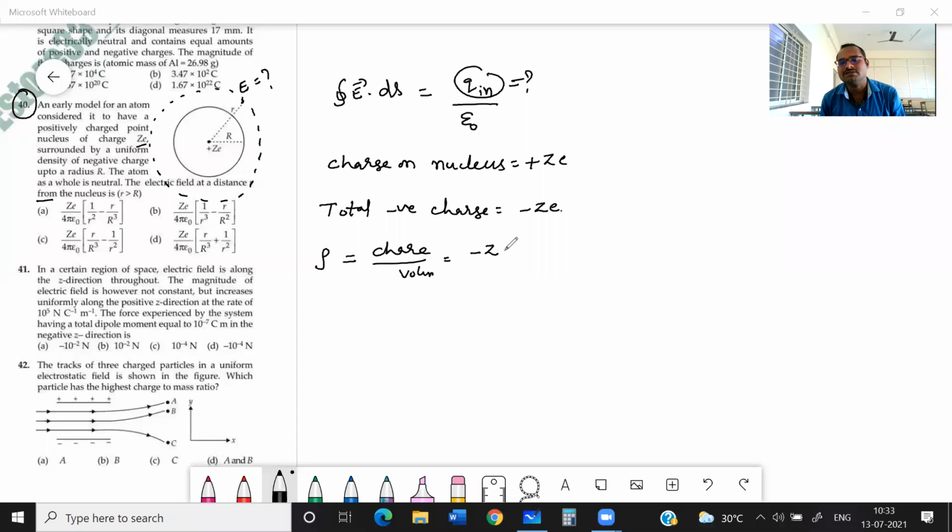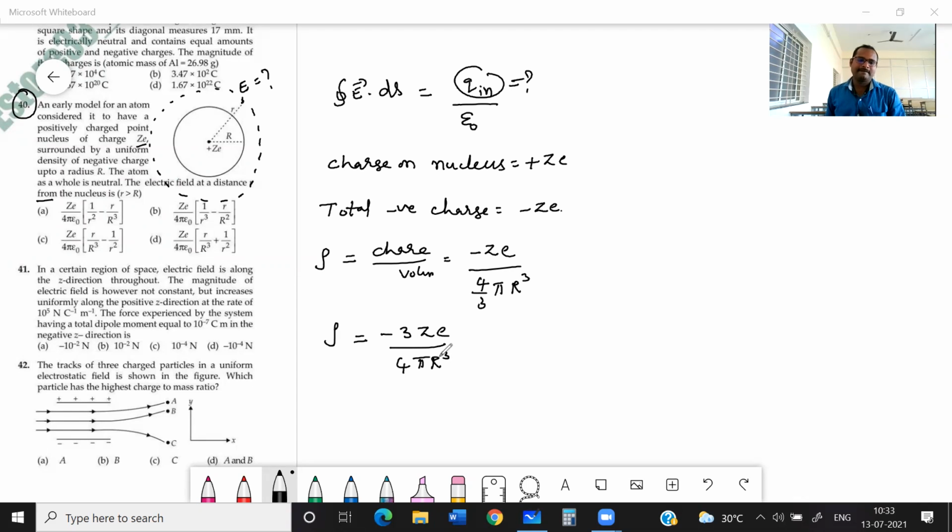That is negative charge around that nucleus, divided by the volume, which is 4 by 3 pi capital R cube. Clear, students? So this rho, the volume charge density, can be given as minus 3 Ze by 4 pi capital R cube.